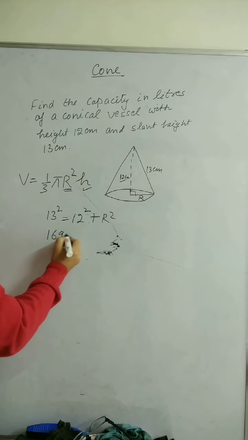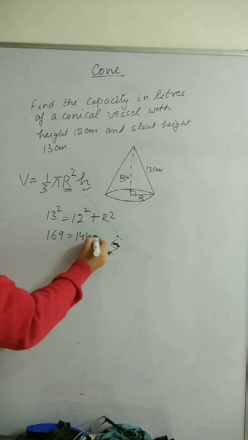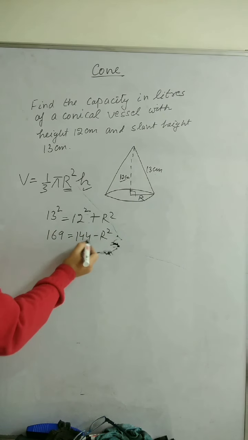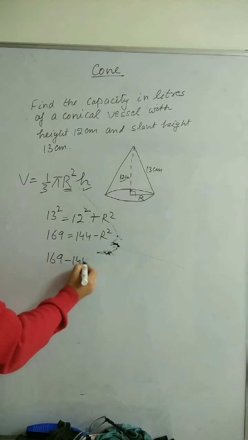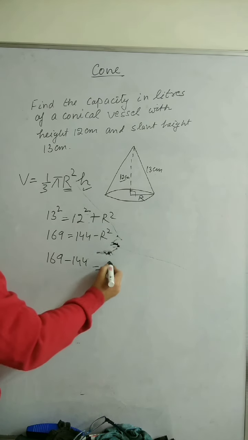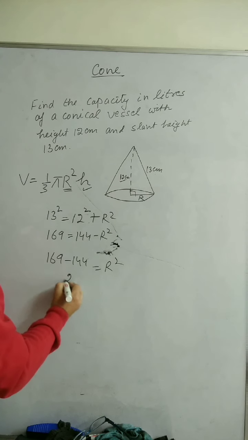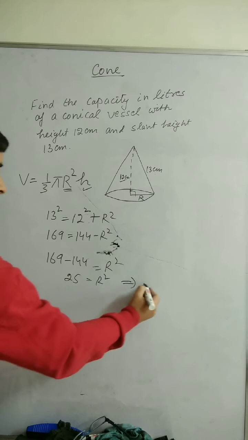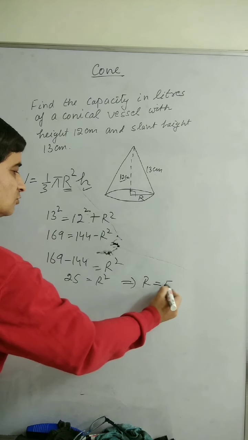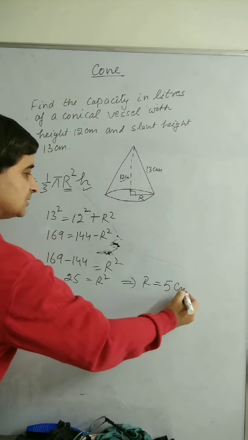This is 169 equals 144 plus r square. Bring it to this side: 169 minus 144 equals r square. So 25 equals r square, which implies r equals 5 centimeters.